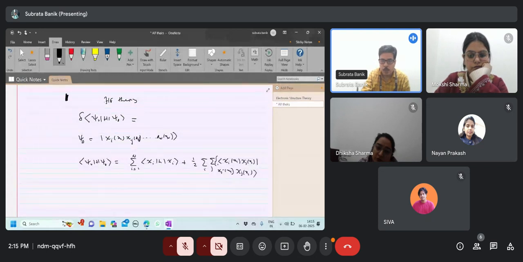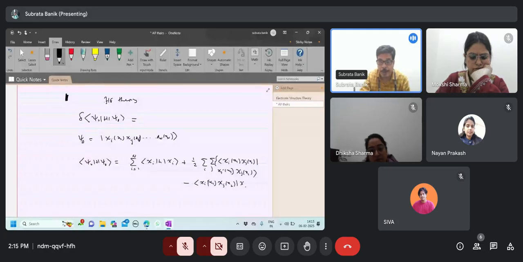This is the Coulomb term, and I have the corresponding exchange term, which will be chi_i of x1, chi_j of x2, on the right side, now I have chi_j of x1, chi_i of x2, right?